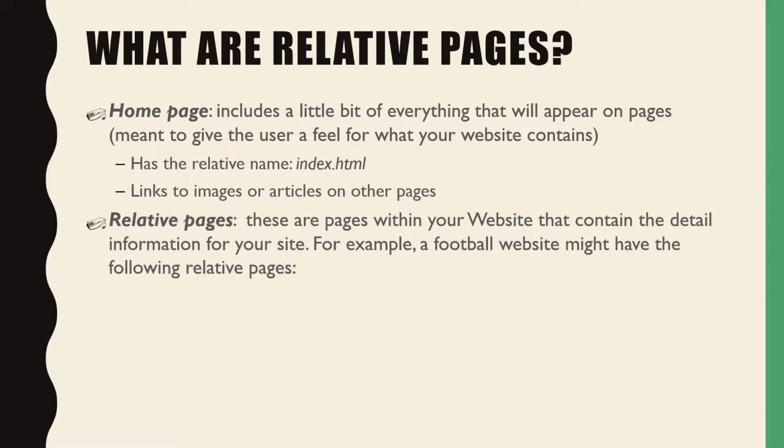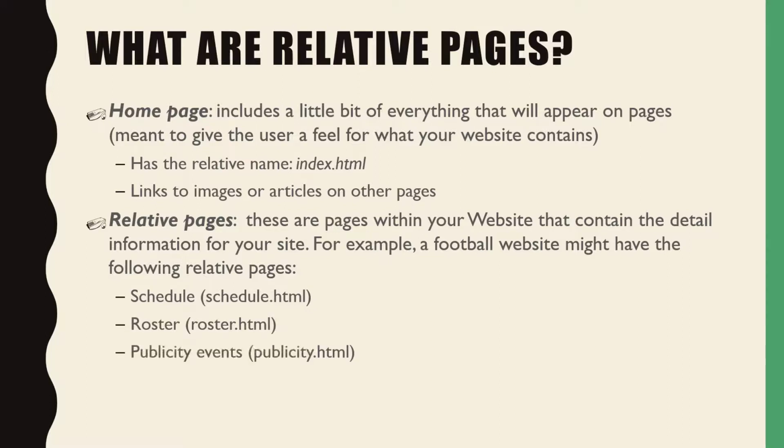The relative pages are pages within your website that contain the detailed information for your site. For example, a football website might have the following relative pages: a schedule page, a roster page, publicity events, store, and more.